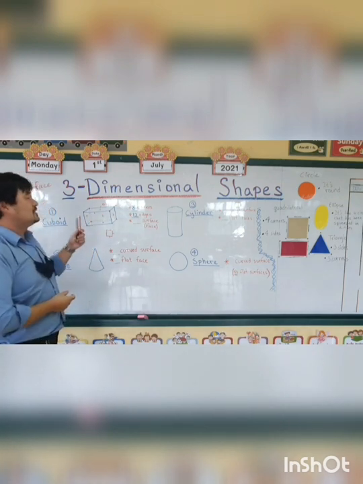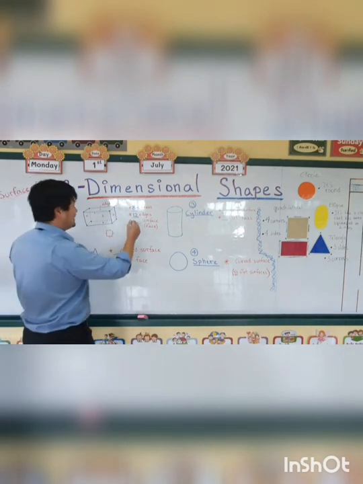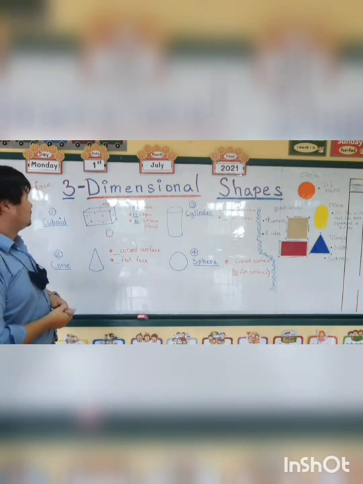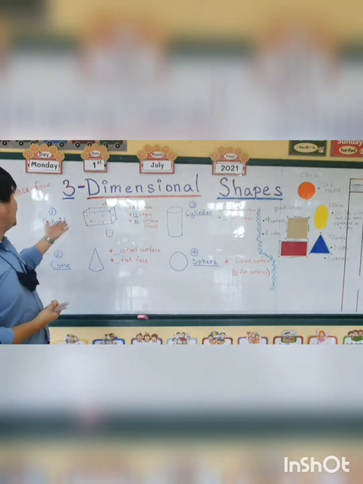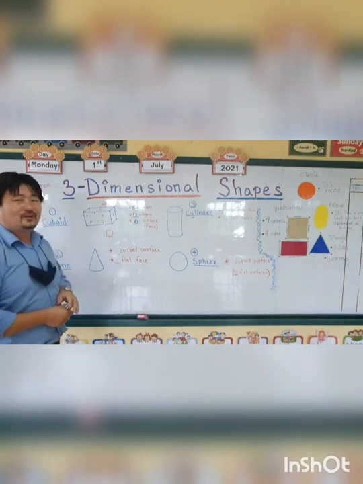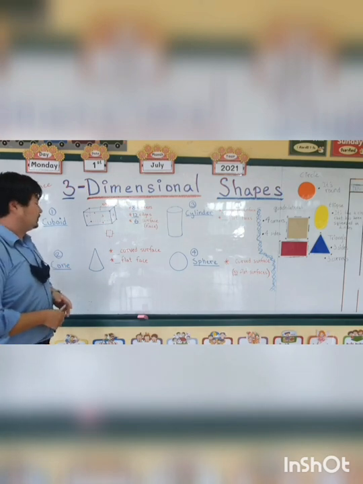So we have 6 surfaces or faces. 6. Good. Do you understand cuboids? Okay. So let's go to number 2, the cone.